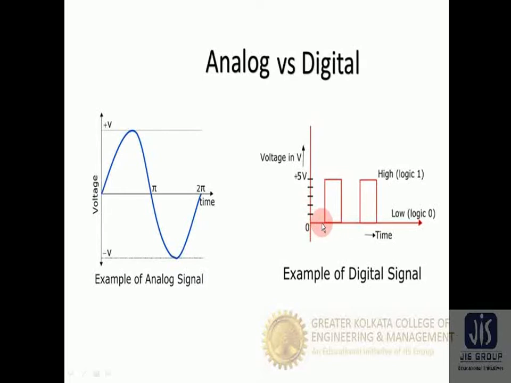Here we can see a digital signal which is discrete in the amplitude or voltage domain. Here the signal has either a 0 value or a 5 volt value. In this way we can distinguish the analog signal from the digital signal.